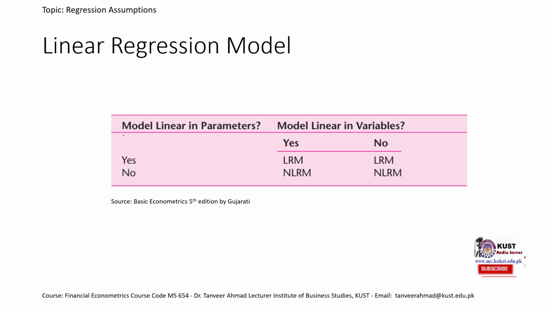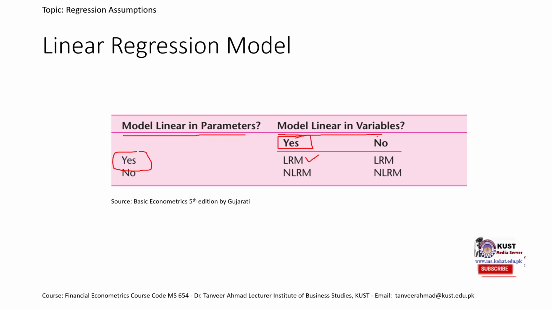We have this model linear in parameters and model linear in variables. So a model that is linear both in parameters and in variables would be called a linear regression model.